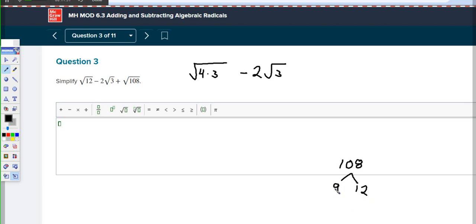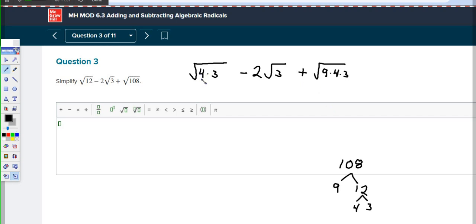And that's 3 times 3, but I already know that's a perfect square, so I'm not going to mess with that one at all. And then 12 again, that's 4 times 3. All right, so I'm going to write this 108 as 9 times 4 times 3, right? That's 9 times 12. That gets me 108.